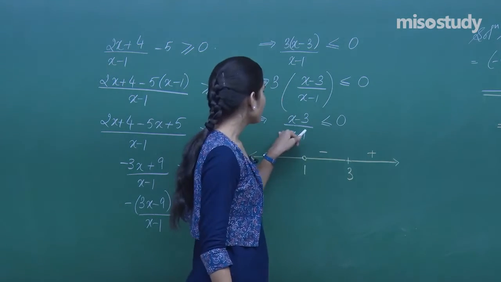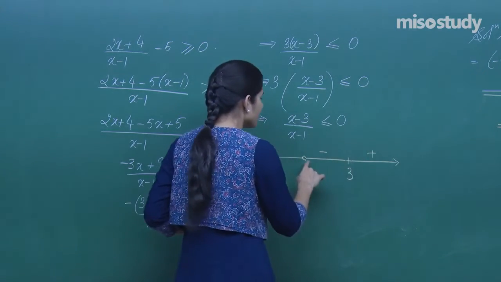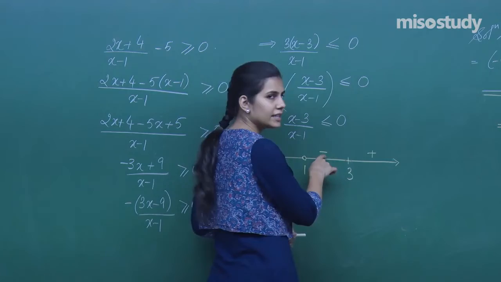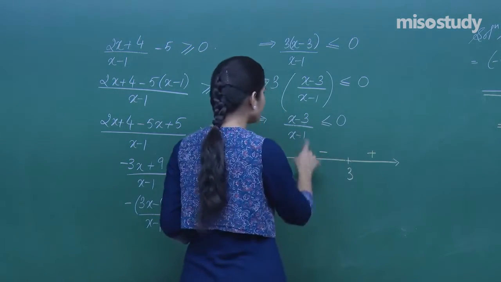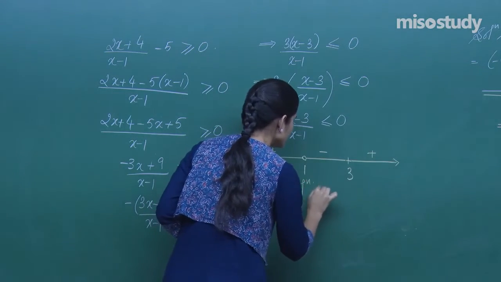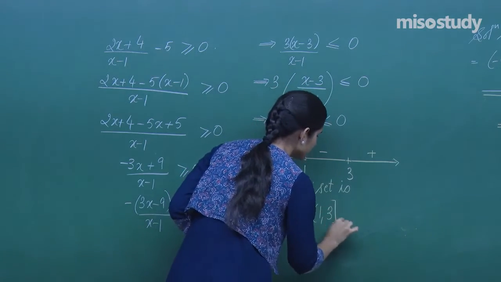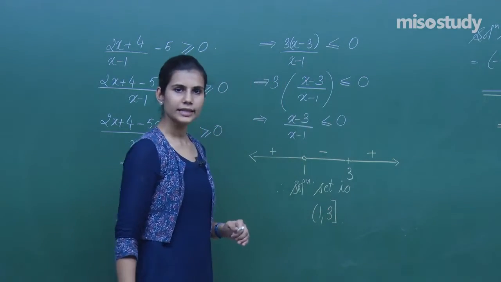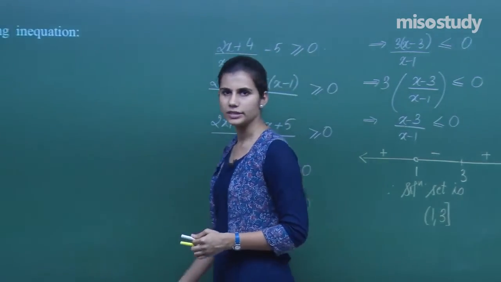You want all those x for which the answer of this expression is either less than 0 or equal to 0. Between 1 and 3 you are getting a negative answer, at 3 you are getting answer equal to 0, at 1 it is not defined, and therefore the solution set is (1, 3]. Clear? That is your solution set of this given inequality.